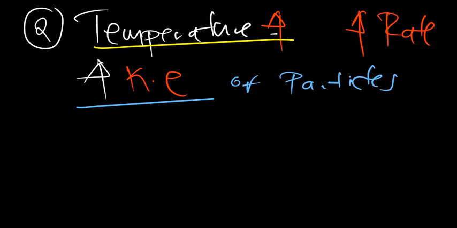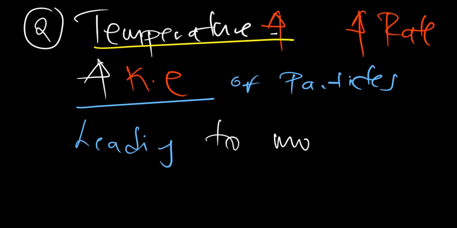Now, if you increase the kinetic energy of the particles, that's leading to what? How many of you agree that if particles are moving faster, the chances of them colliding are actually higher, right? Now, not only are the chances higher, but even the energy.